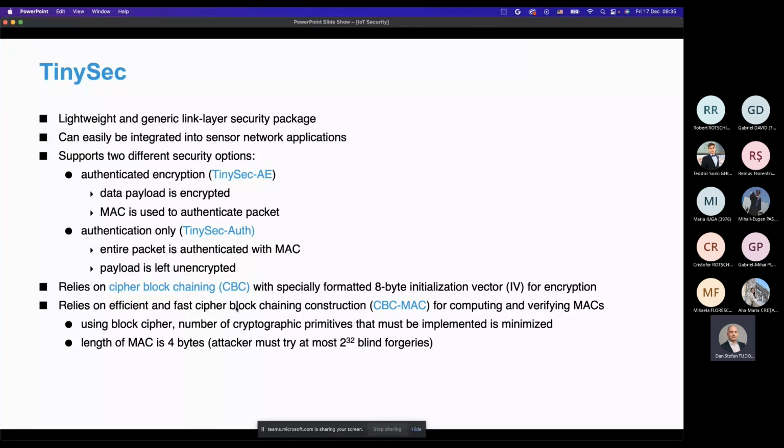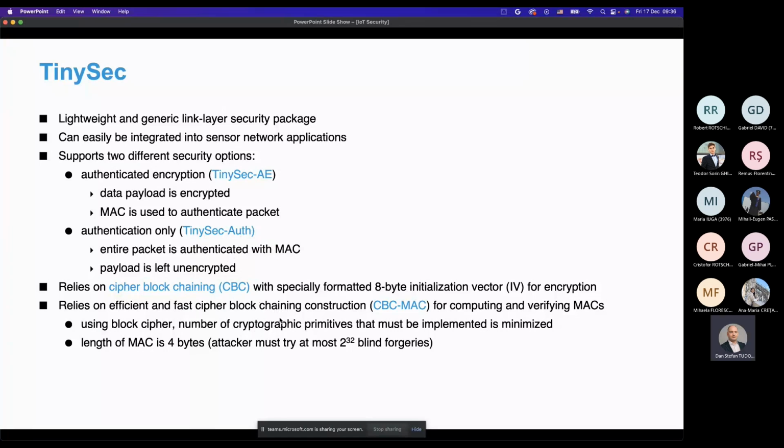TinySec relies on cipher block chaining, which is a scheme where you have a specially formatted 8-byte initialization vector for encryption.